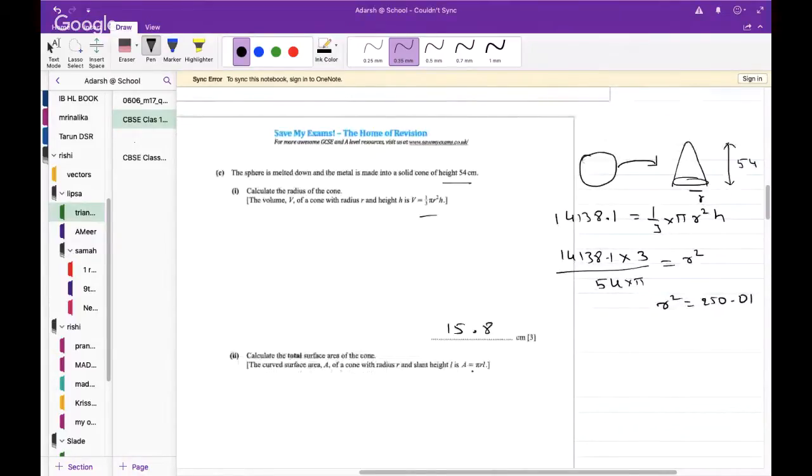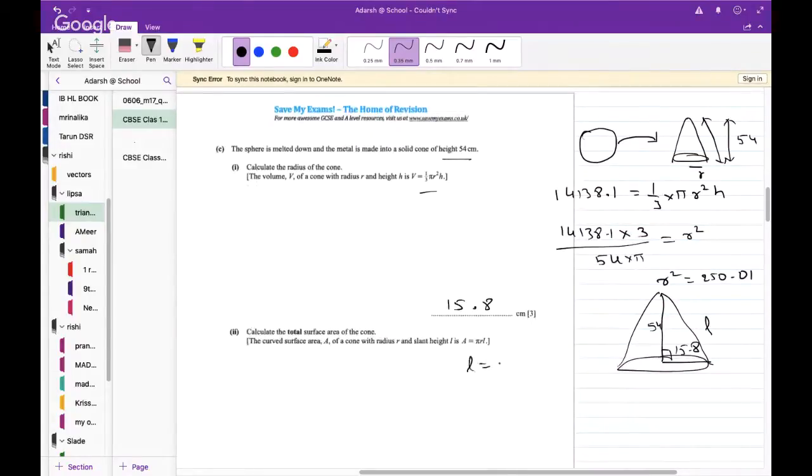Now calculate the total surface area of the cone. The slant height is going to be L. This length is L, which we don't know. Height is 54. Radius is 15.8. So how do we find this? Because we know this is a right angle, we'll find L by Pythagoras theorem.